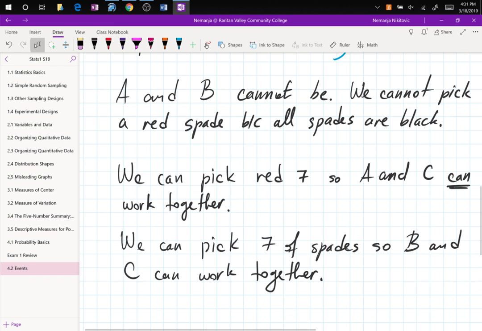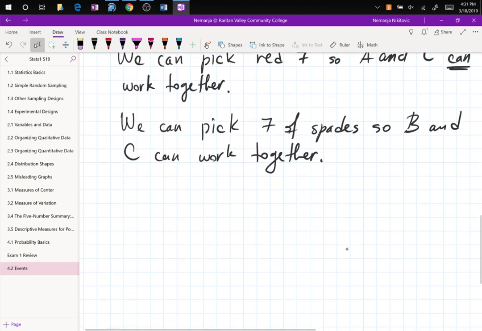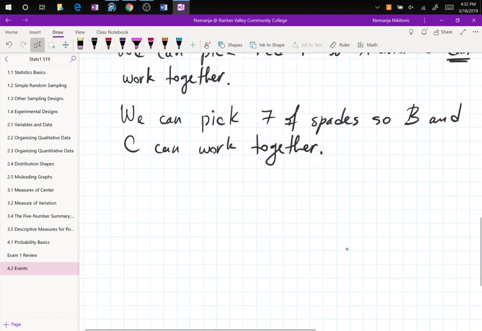So now, thinking about this, we are able to have a visual representation of these events using Venn diagrams, because they are easy to show all of this. So we have a situation over here, where this box is going to be your sample space.